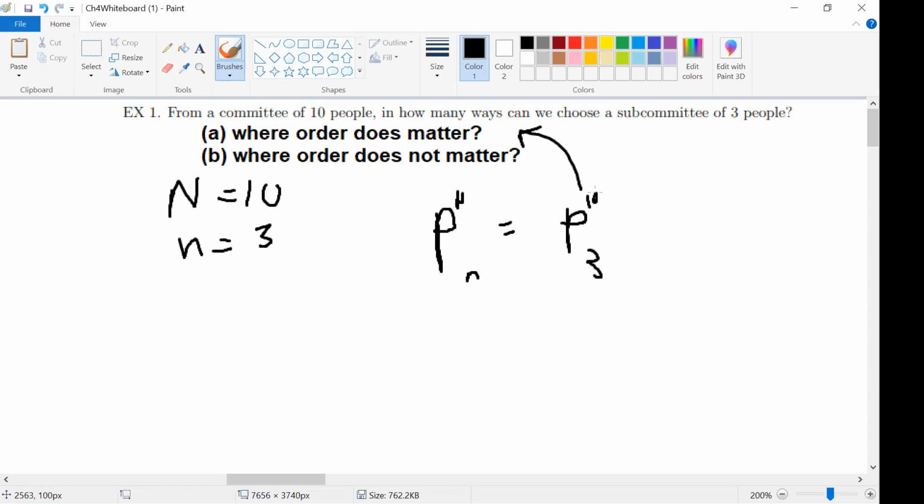So that's our notation. And we recall in this case, we have 10 factorial over capital N minus lowercase n, so 10 minus 3 factorial.